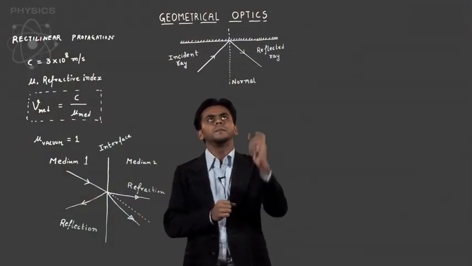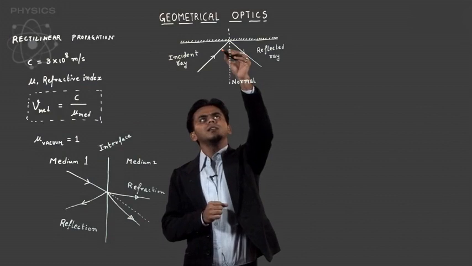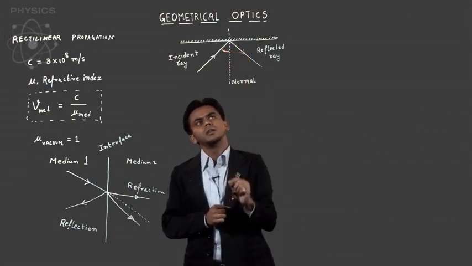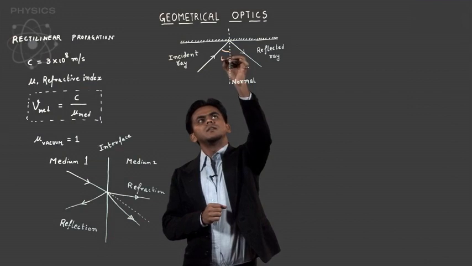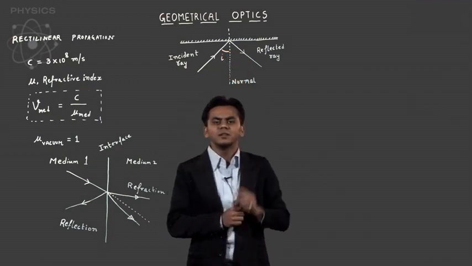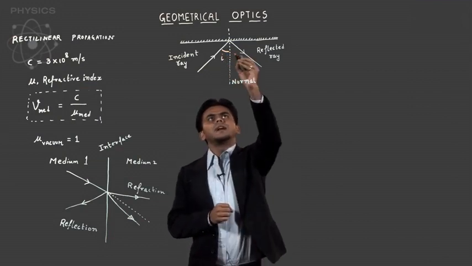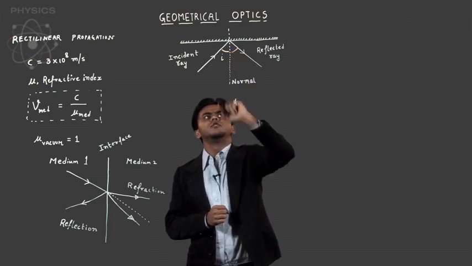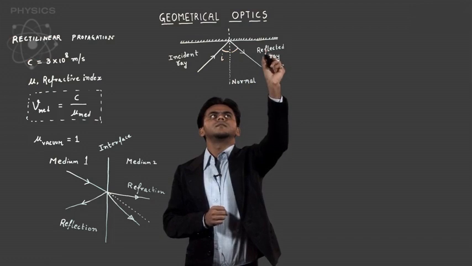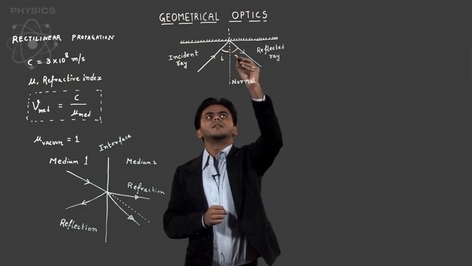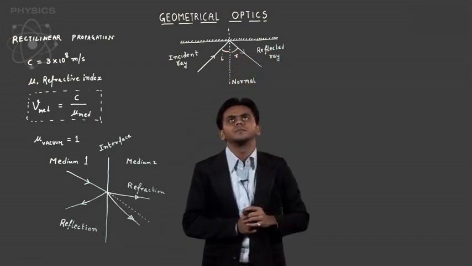The angle between the normal and the incident ray is known as the angle of incidence, denoted as i, and the angle between the normal and the reflected ray is denoted as r, the angle of reflection.